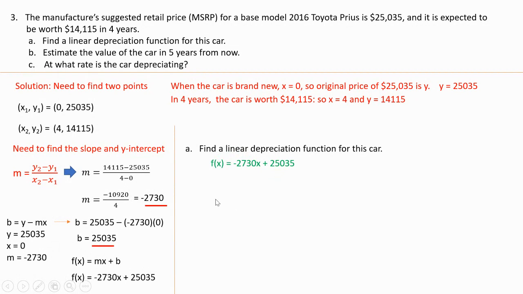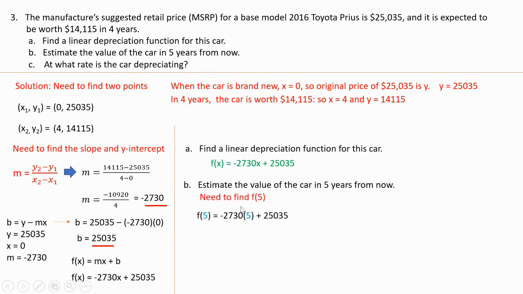Now for part B, estimate the value of the car in 5 years from now. So here, what we're going to be doing for part B is evaluating the function at 5, when x equals 5. So what we do is plug in 5 for every x on the function, which will be negative 2,730 times 5 plus 25,035.